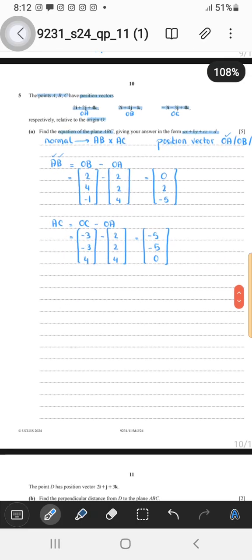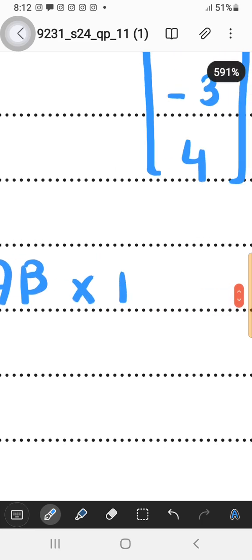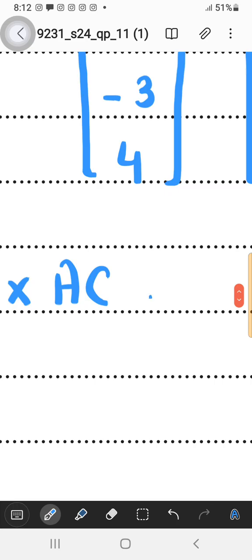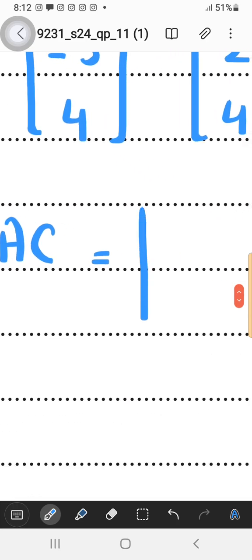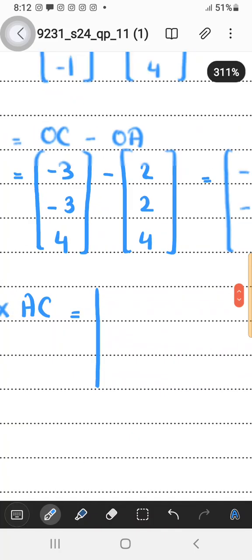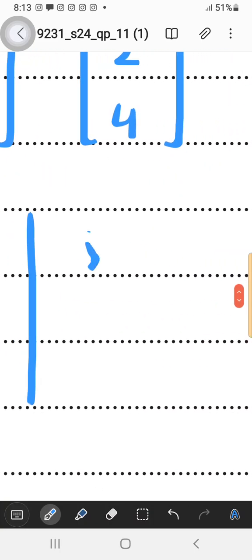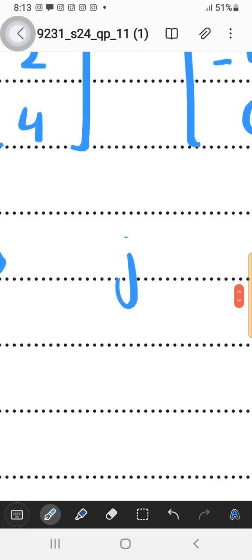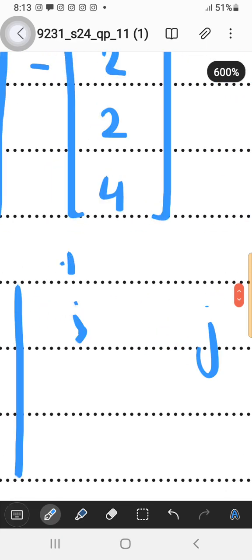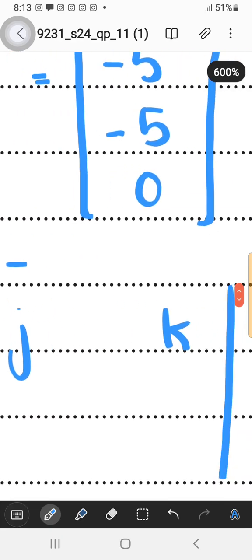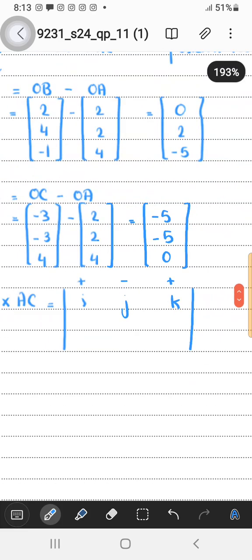Now we will do our cross product to find out the normal. We will find out AB cross AC. I will go in detail how to find out this, so don't worry here. We will draw a matrix sign. Then i, j and k. We are using plus sign here, minus sign here, plus sign here. I will tell you why.